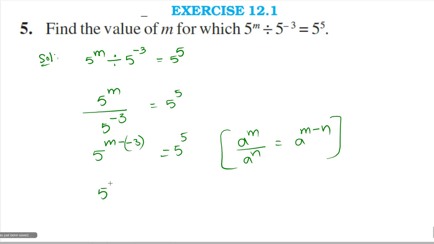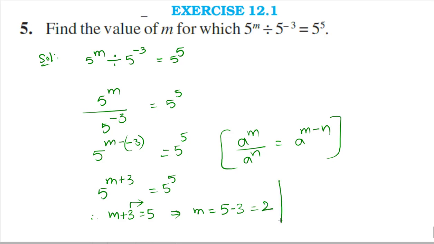So we can write 5 to the power of m minus into minus plus 3 equal to 5 to the power of 5. Now as the bases are equal and not equal to 0 and 1, so we can equalize the exponents. So therefore we can write m plus 3 equal to 5. So that implies m equal to, send this 3 to the right side, we will get minus 3. So 5 minus 3, which is equal to 2. So therefore the answer is m equal to 2.